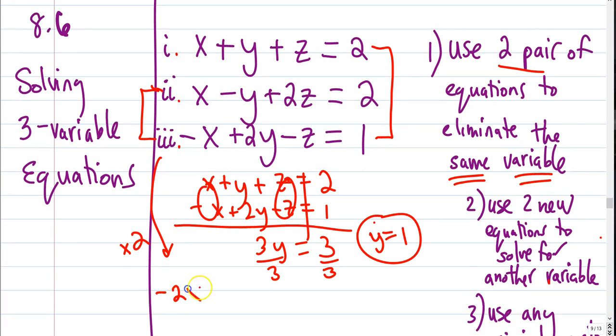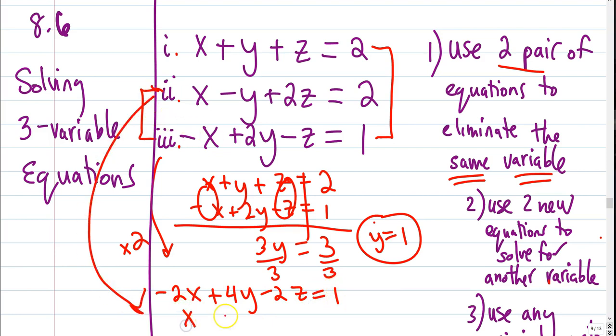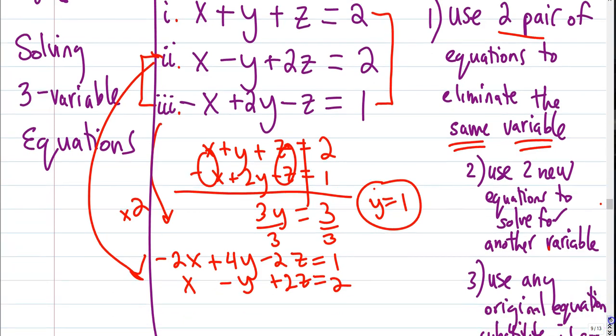Negative 2x, make sure I'm not changing the signs, plus 4y minus 2z equal to 1, and then this one I would just bring down as it is. So x minus y plus 2z is equal to 2. What this does is it lines up the z's so they cancel out.